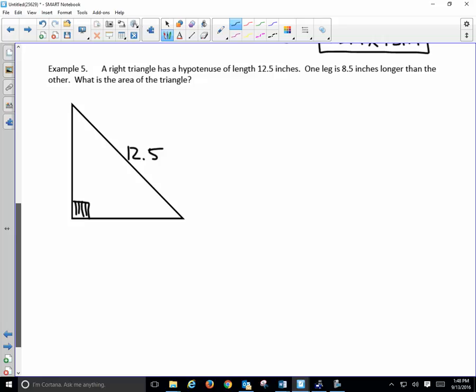You tell me, what should I write down? I like both those things. I'm going to use both of them, but I need something else. Awesome. So if I want to find the area, I have to find the lengths. If I want to find the lengths, I have to use the Pythagorean Theorem.